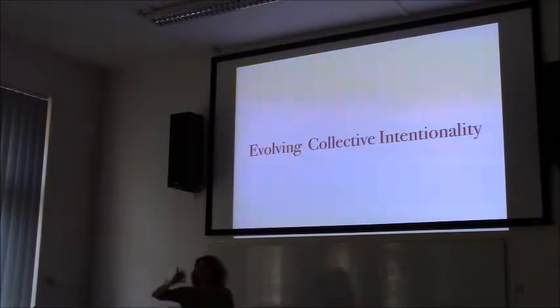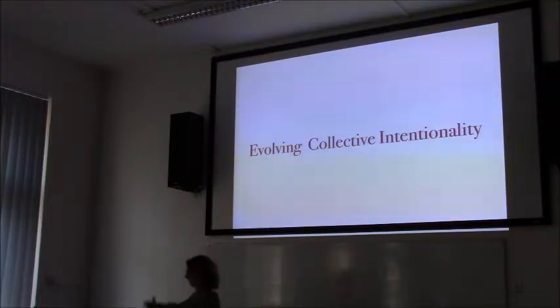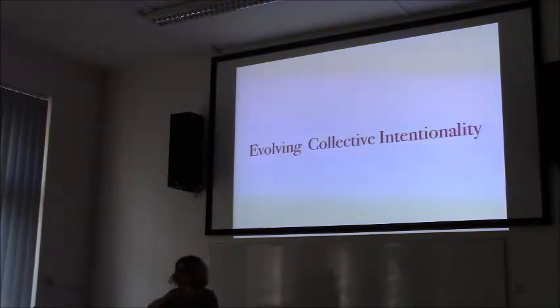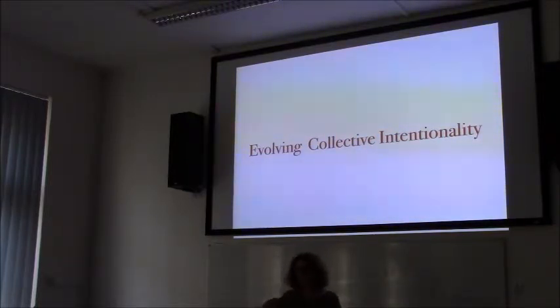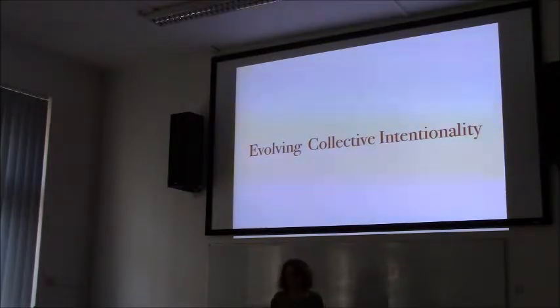Let me just recap. So I started with this idea of how to think of collective action in a way which is both unified but not reductive. We went through what the genus is, and then we said that there are species, and then we further said that this species can be seen as having unfolded in development through the further complexity of the environment, the interactions, and the psychological capacities involved.